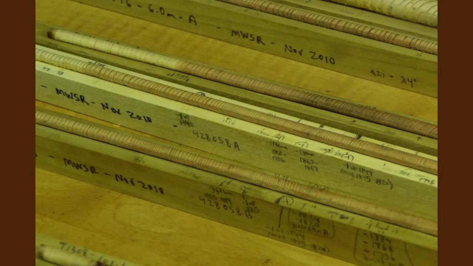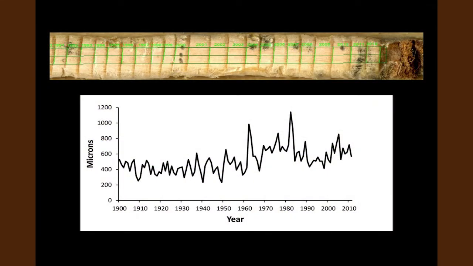You can see we have a lot of missing rings here for coast redwood, and you can see some marker years noted. For each series, we measure, scan it in, get ring widths. This is a time series of ring widths. 1,000 microns is about a millimeter. And I believe that's 1983, which Healy pointed out as an extreme precipitation year, and down to some of the droughts here in the 20s.